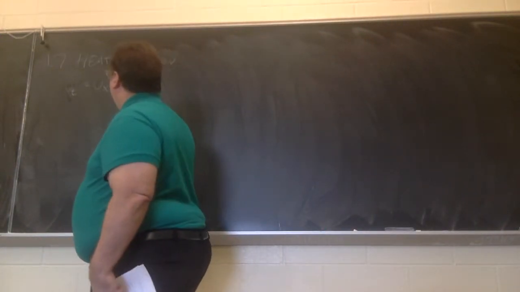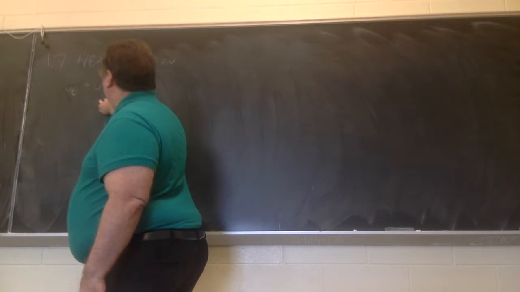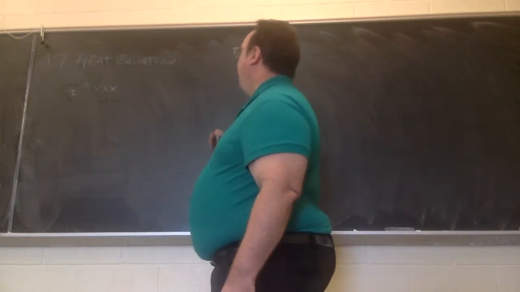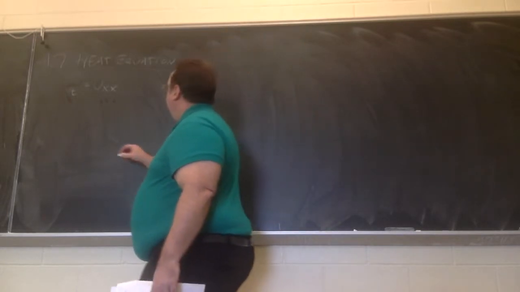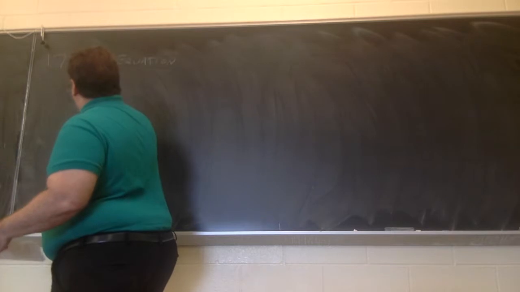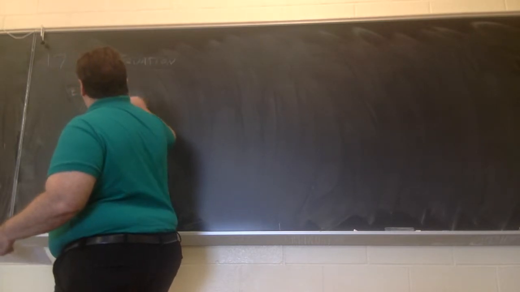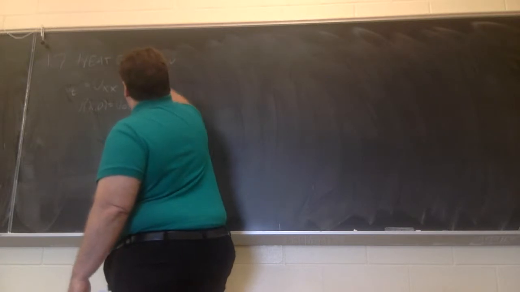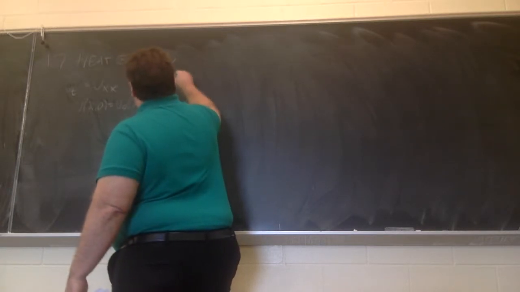So we're solving the heat equation. So no coefficient, because I showed you how you could eliminate the coefficient when it's constant. And then we'll have initial data. And the problem will be solved on the entire real line.